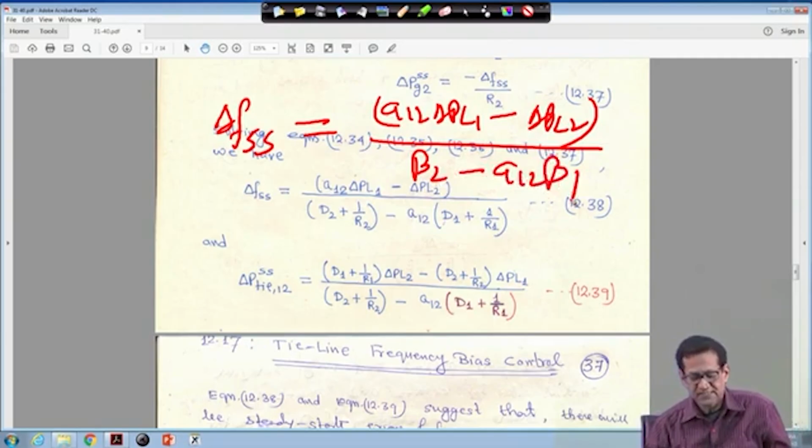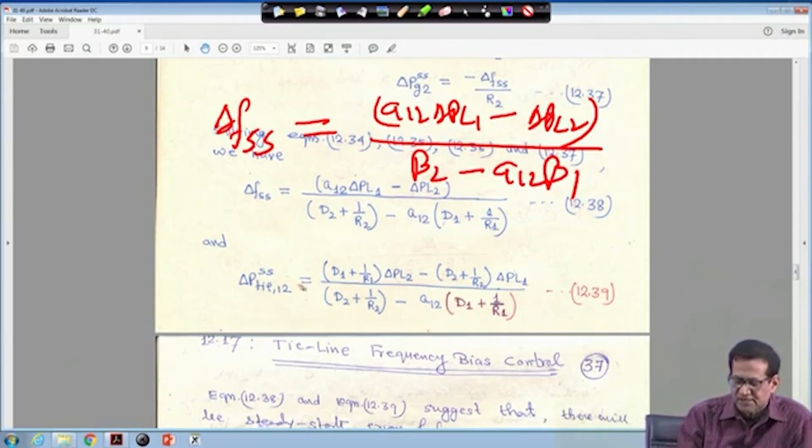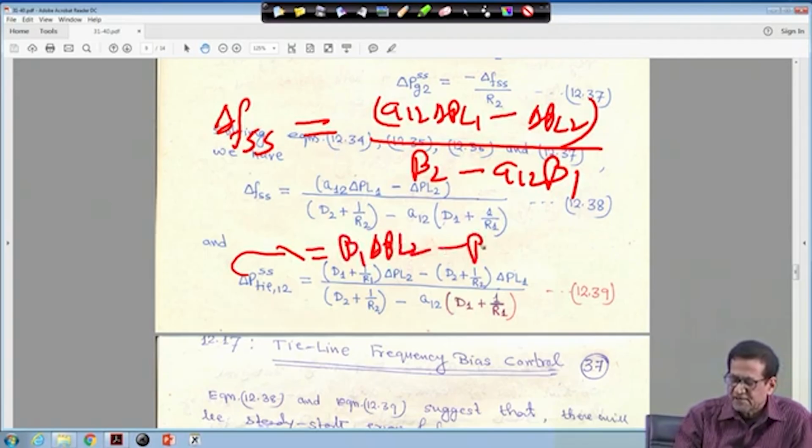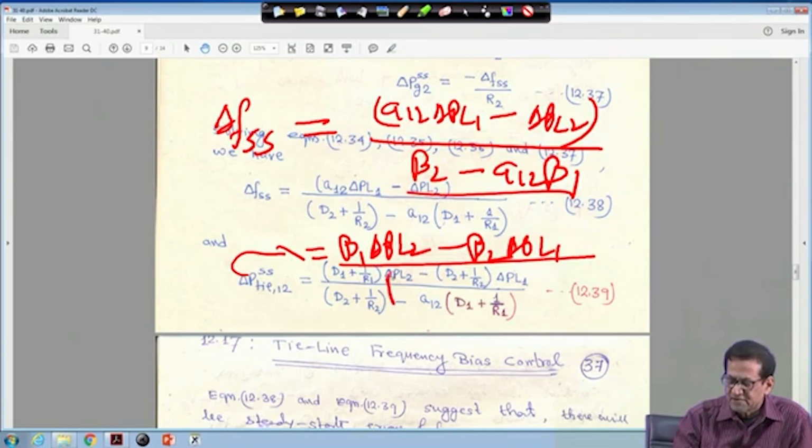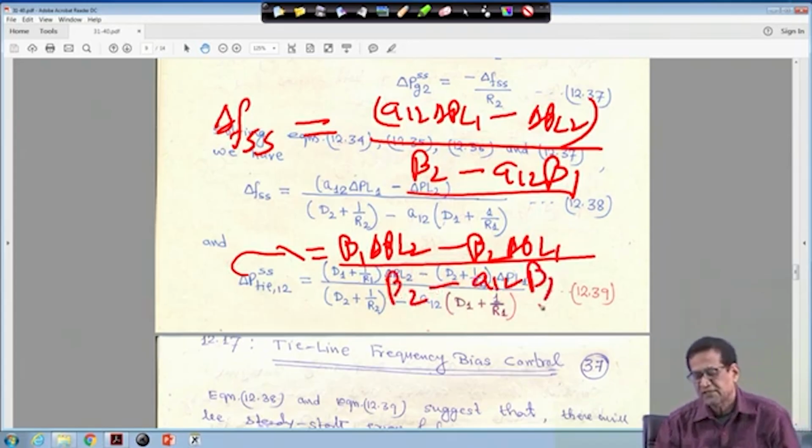And similarly, for tie power it can be written as beta 1 delta PL2 minus beta 2 delta PL1, divided by the same thing, beta 2 minus A12 beta 1.